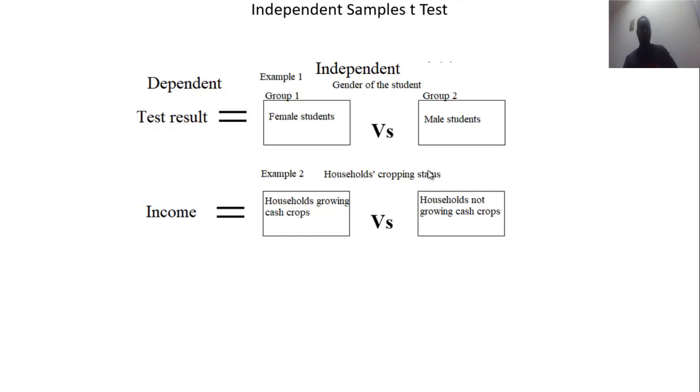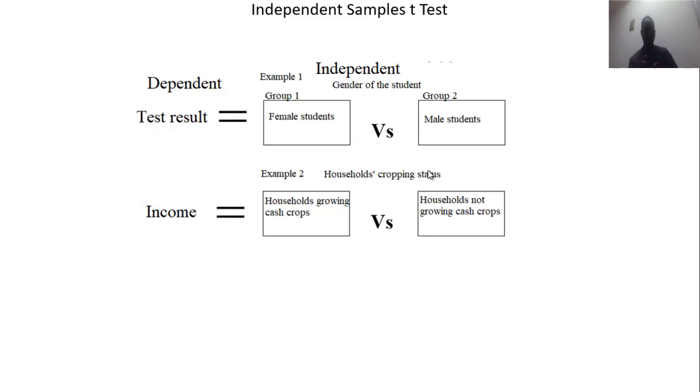Let us see a second example, the households' grouping status. We classify households into two groups: households cultivating cash crops, and households not growing cash crops. Therefore, we compare those two groups based on annual income.